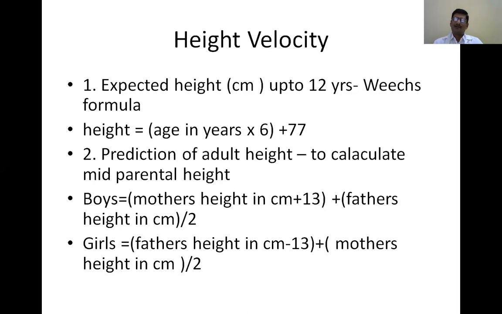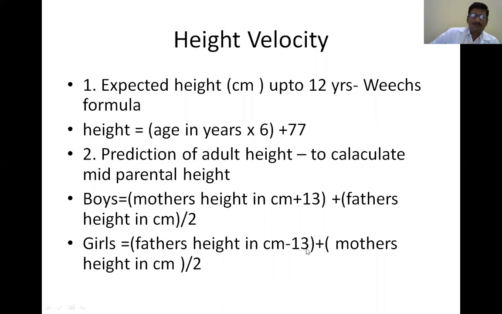The formula I told was mother's height plus father's height plus 13 divided by 2 for the boys, and father's height plus mother's height minus 13 divided by 2 for the girls. So this is the formula. I told you about 6.5 here: 13 divided by 2 becomes 6.5.